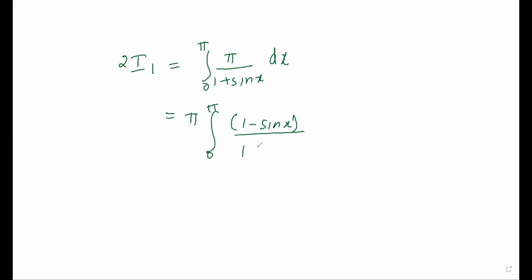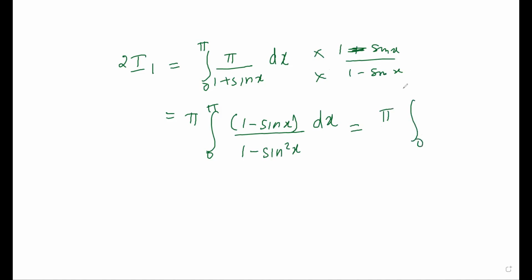Denominator 1 plus sine x into 1 minus sine x will become 1 minus sine square x, isn't it? So I just multiplied the numerator and denominator with 1 minus sine x. Pi I took outside. So this will become pi into integral 0 to pi 1 minus sine x divided by 1 minus sine square x, that is cos square x dx.